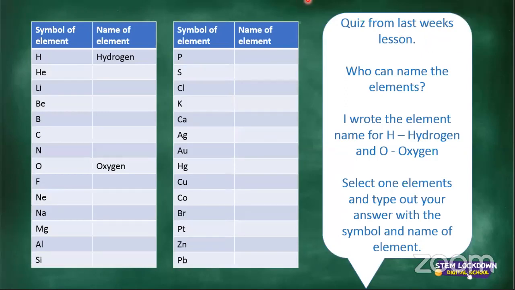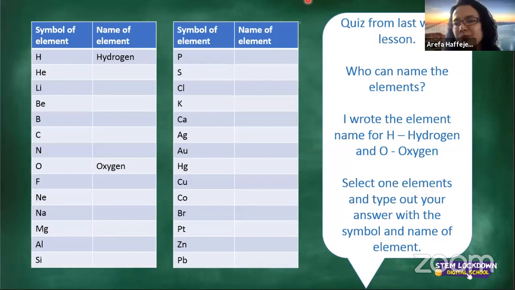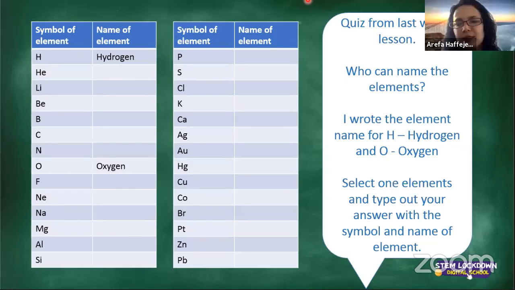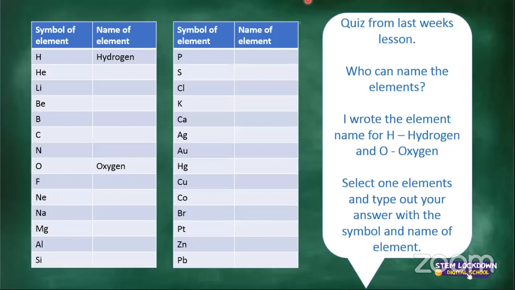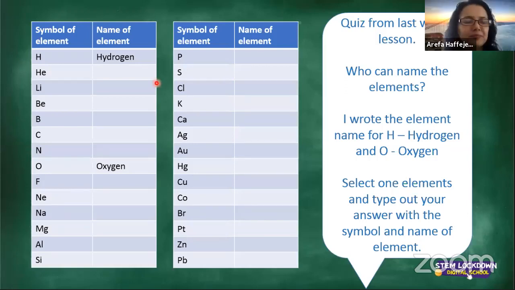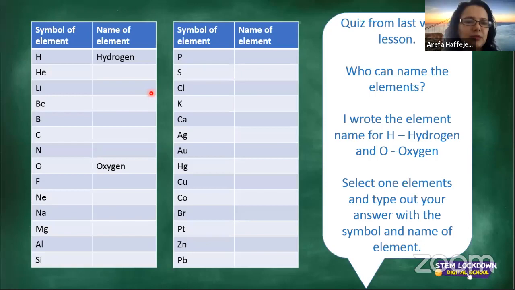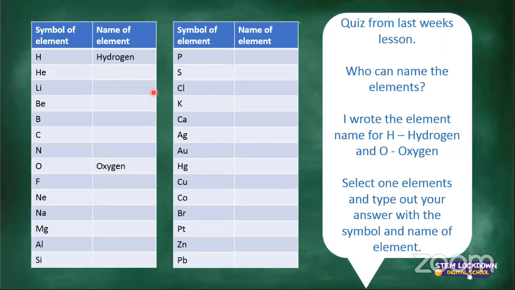Hi. Hello, how are you? Fine, thanks, and you? I'm good, thanks. We need to name a symbol and then the element. All right. H, ma'am, no, on the first table. Okay. He is helium. Oh, well done. That's it. Li is lithium. Yes. Be is beryllium.